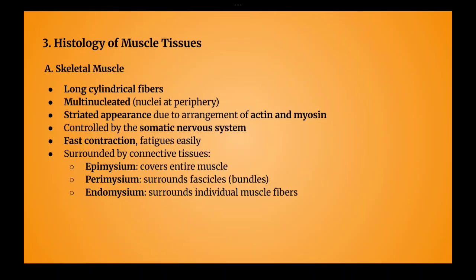See, epi is outside, peri is middle, endo is inside. So that is how we are supposed to understand. Epimysium covers the entire muscle, and the next layer is the perimysium, which surrounds a bundle of muscle fibers. After the bundle, a single individual muscle fiber is covered by the endomysium.